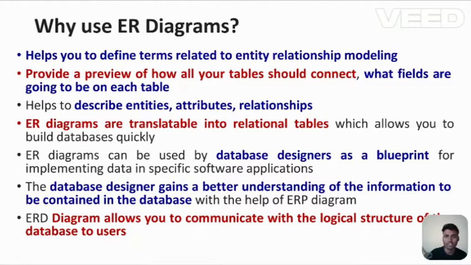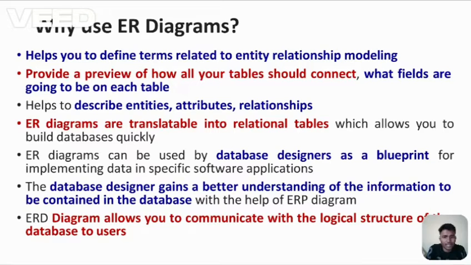So why use diagrams? They help you define the terms related to entity relationship modeling and provide a preview of how all your tables should connect and what fields are going to be on each table. They help to describe entities, attributes, and relationships. Diagrams are translatable into relational tables, which allows you to build databases quickly.